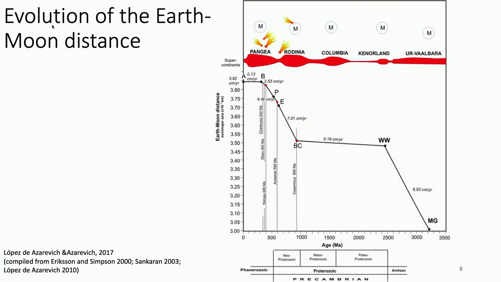They document, I've stopped at 3.9 billion years ago, so this graph takes off 3.2 billion years ago, how the Earth-Moon distance changed as a function of time toward the present day. They collected data from different Archean, then Proterozoic, and then Phanerozoic sedimentary rocks. And so you see how the Earth-Moon distance evolved as a function of time.